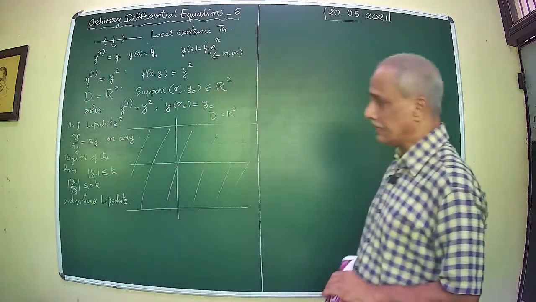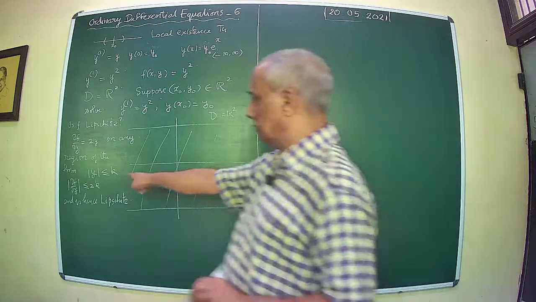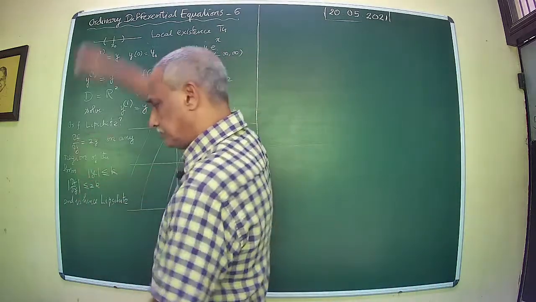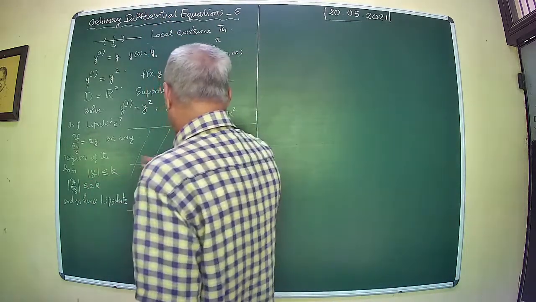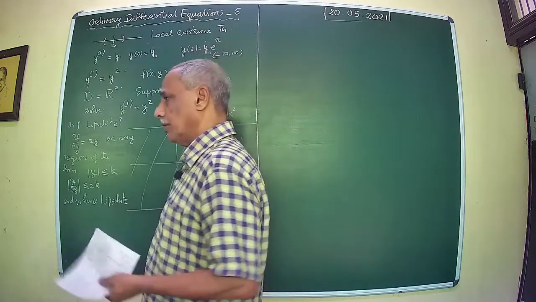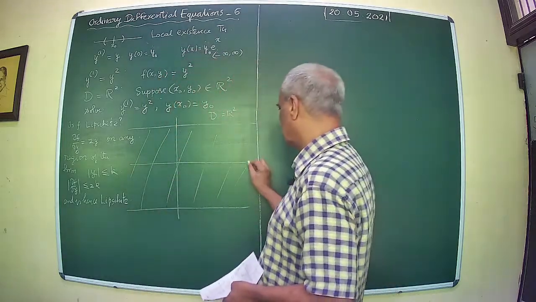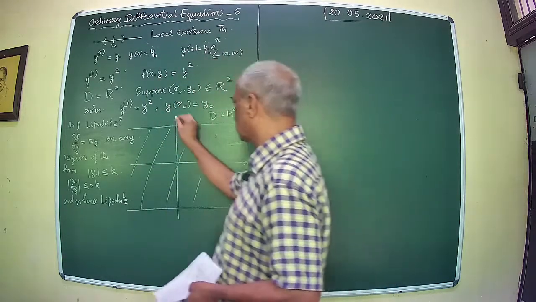But you see that the bound gets larger and larger if you go farther away from the line y equal to 0. This is the x axis, this is the y axis.